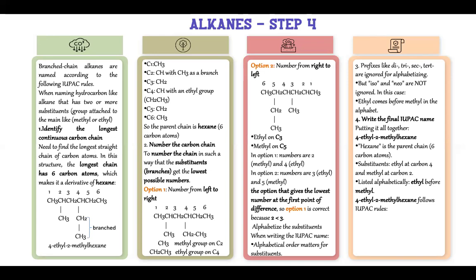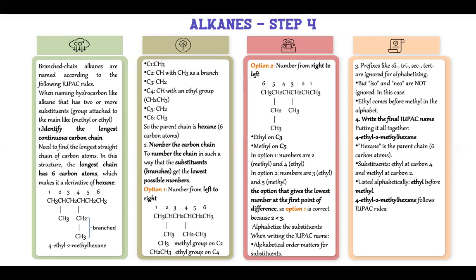Alkane step 4. Branched-chain alkanes are named according to the following IUPAC rules. IUPAC stands for International Union of Pure and Applied Chemistry.